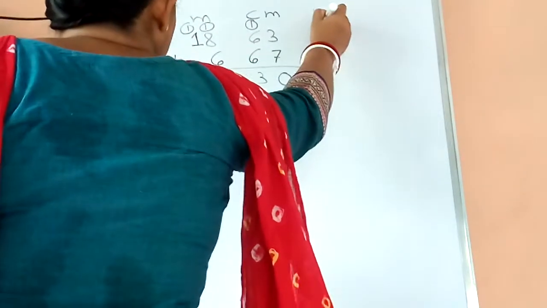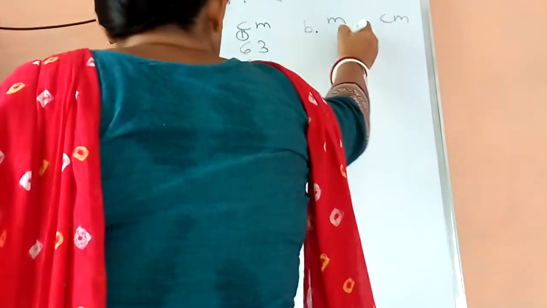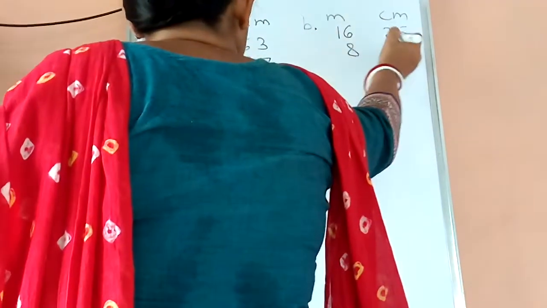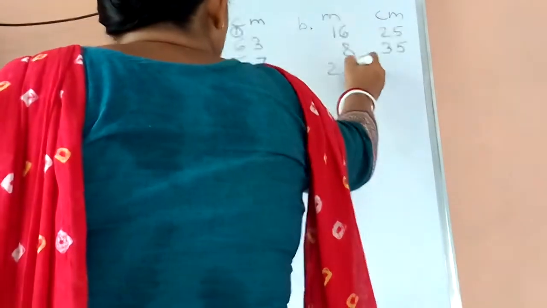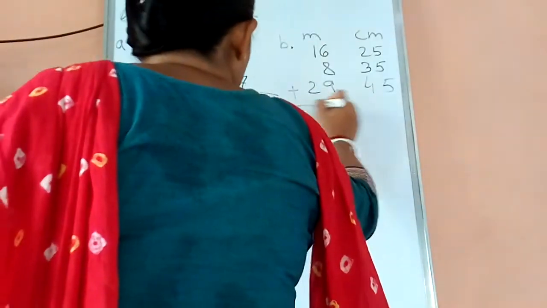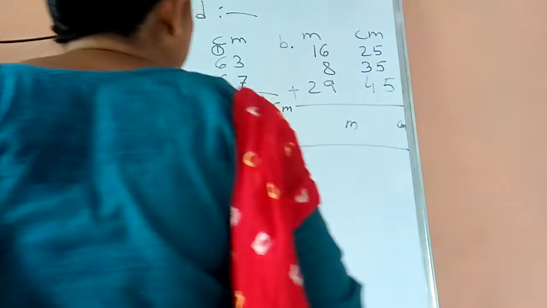One more addition we will do. It is given meter, centimeter, 16 meter 25 centimeter, 8 meter 35 centimeter and 29 meter and 45 centimeter. You have to add this. This is meter, this is centimeter.